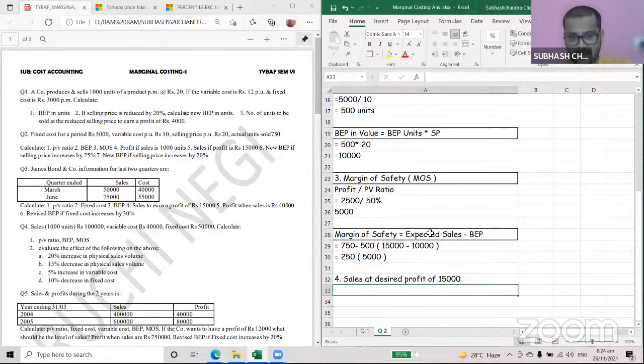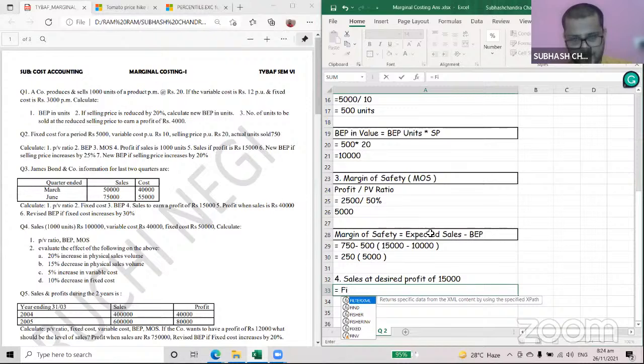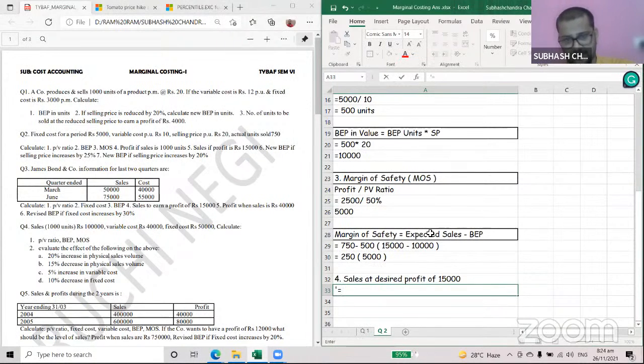So how will you calculate? We'll write fixed cost plus desired profit divided by CPU.